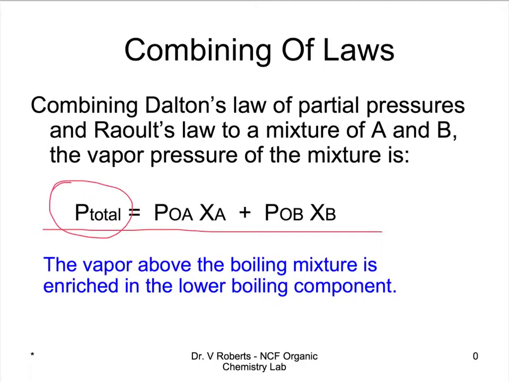By looking at this equation, what we notice is that if there is a lower boiling point substance, and let's say our A component boils at a lower temperature, another way of saying that is that it has a very high vapor pressure, higher than the less volatile substance B. And so based on that information, we see that the total vapor pressure would be higher in the lower boiling point component.